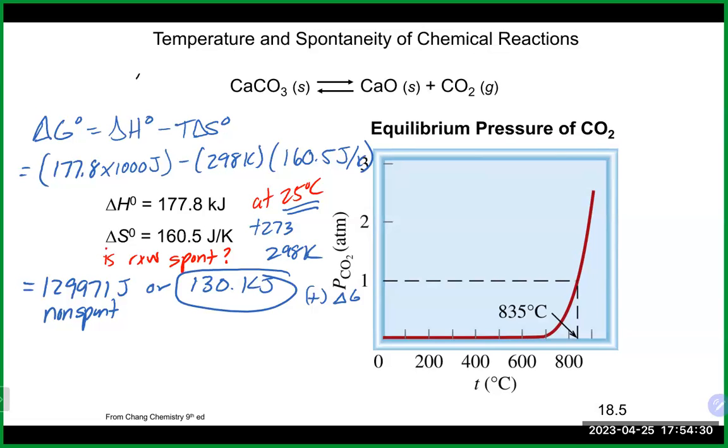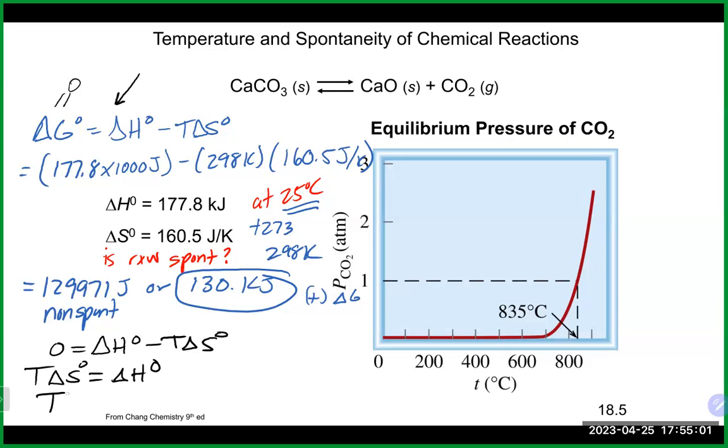To become spontaneous, we need a negative delta G, so in this case we set delta G equal to 0, and any temperature past that would give a negative number. We're going to rearrange this equation and solve for temperature.